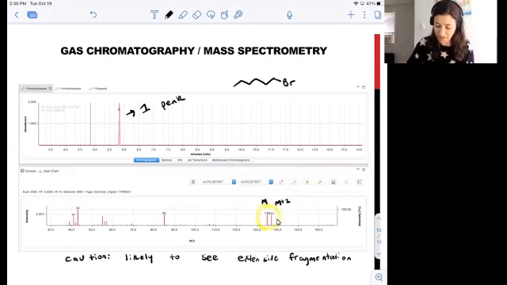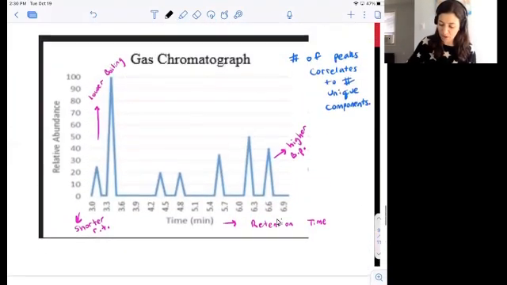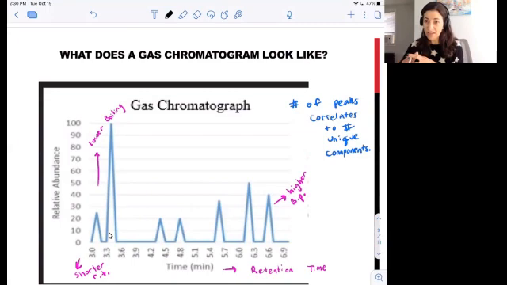The last piece of information about gas chromatography that's really important to us is that the area under each peak represents the relative quantity of the molecules making up that peak. So by comparing the area of two peaks, I can say something about the ratio of the compounds present within them.